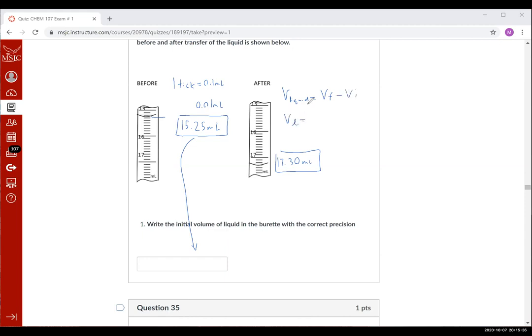So the volume of liquid in this case would be 17.30 milliliters minus 15.25 milliliters, which gives us 2.05 milliliters. Does this make sense to everyone?